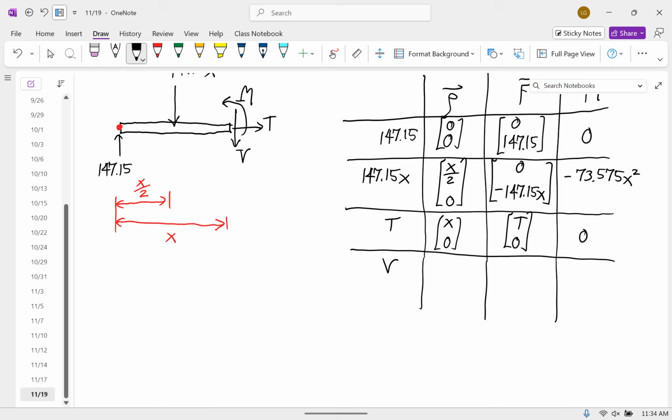Then V, that's also at row vector of x, 0. Force vector is 0, negative V. Cross product is negative Vx. What is V?